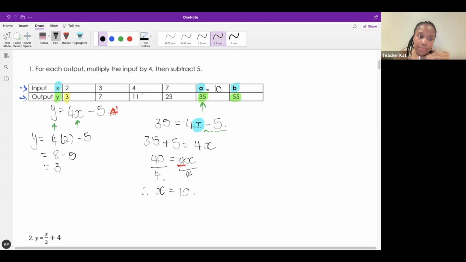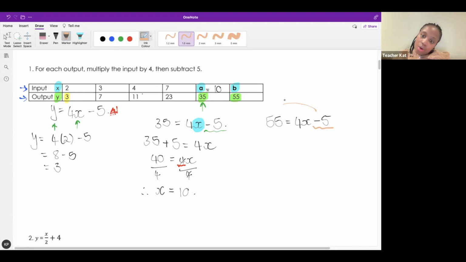Now let's see what the input for B is. Okay, let's see what B is. Again, 55 is at the bottom, which means it's our output. So I substituted where there is a Y. So it's 55 equals 4x minus 5. Once again, I want to get rid of this 5 that is next to it here.